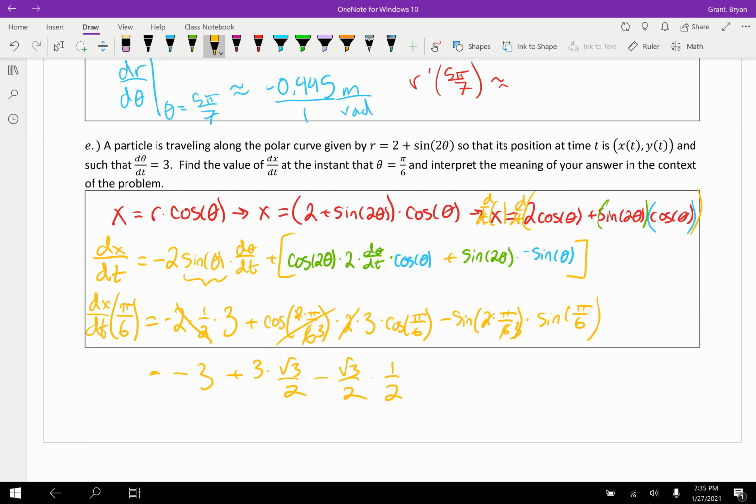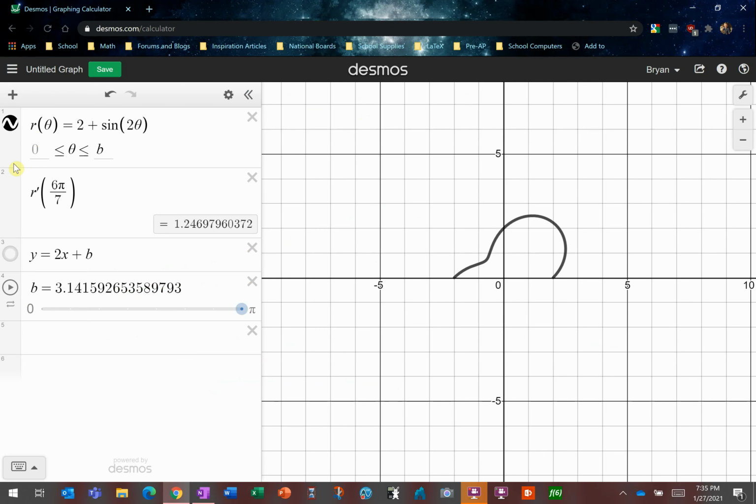However, they did ask us to interpret the meaning of our answer. So let's maybe just find a decimal equivalent here, unless you want to do any more math, which I really don't. Hopefully you could have just plugged all this into your calculator. Let's figure out what's happening in terms of decimals, interpret this, and call it good for the day.